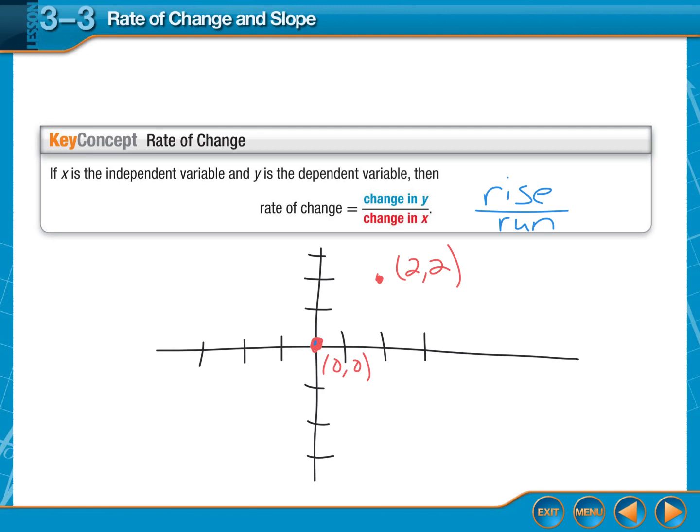If I start here, 1, 2. The rise would be 2. What's my run? 1, 2. What's 2 divided by 2? 1. Does that make sense, the rise over run concept? I'm just going from point A to point B. You're also going to see that today.